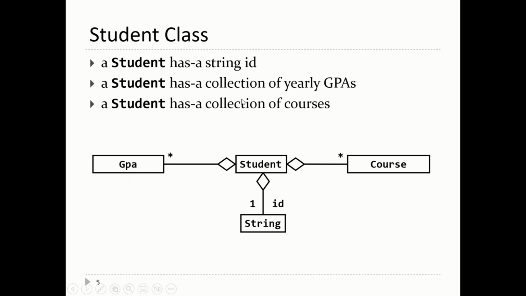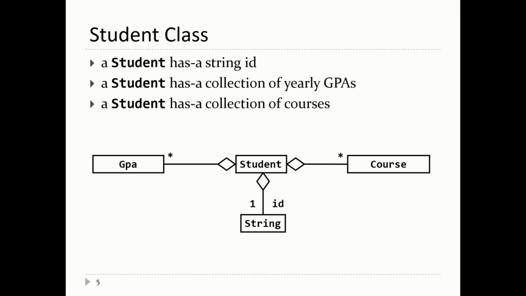Notice that it's a collection of GPAs, so it's probably a list of GPAs, but what's over here is normally not a list. Normally, the way you draw this is you draw the element, and then you say that there's 0 or more, and so the collection here is implied, and it's not completely specified in this example.